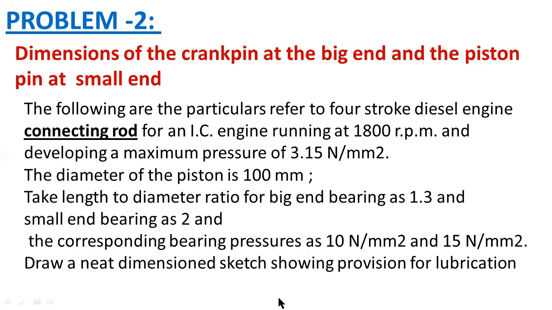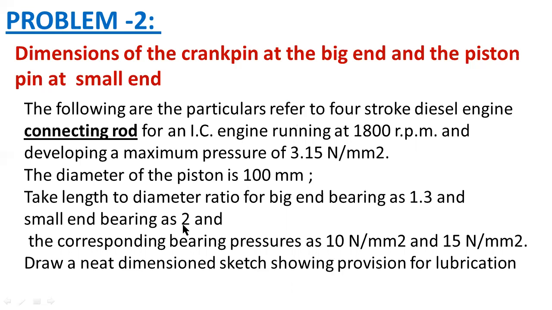The following are the particulars referring to a four-stroke diesel engine connecting rod. Okay, here you have to design a connecting rod for an IC engine running at 1800 rpm and developing a maximum pressure of 3.15 Newton per mm square. The diameter of the piston is 100 mm.